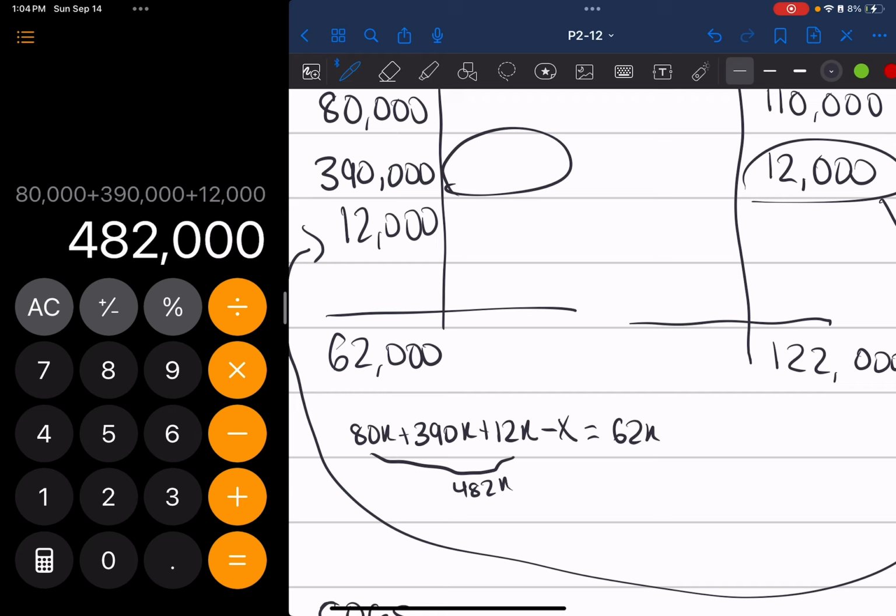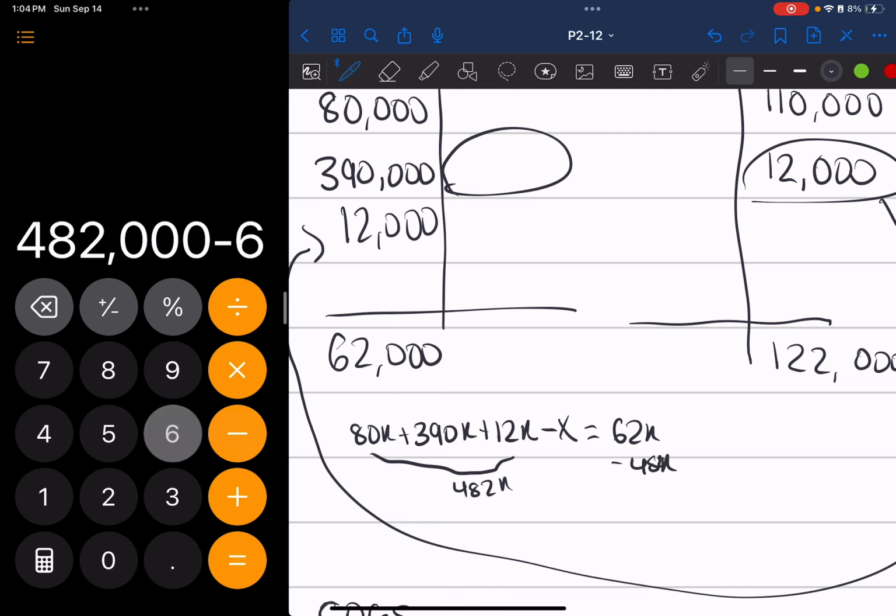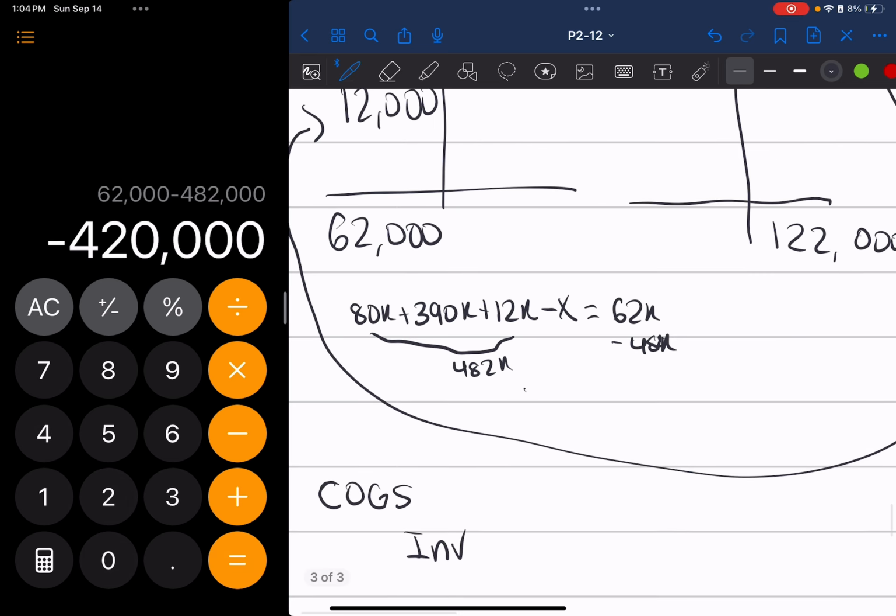And then if you subtract that from 62,000, okay, sorry, I typed that wrong. 62,000 minus 482,000 is 420,000. So basically you just have to, then if you didn't add the X and stuff, it's basically positive, but sorry if my work's messy.